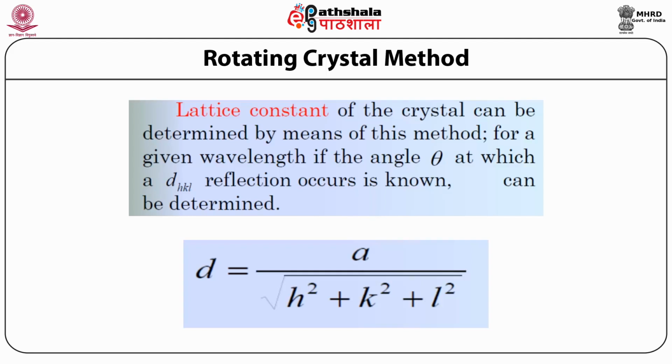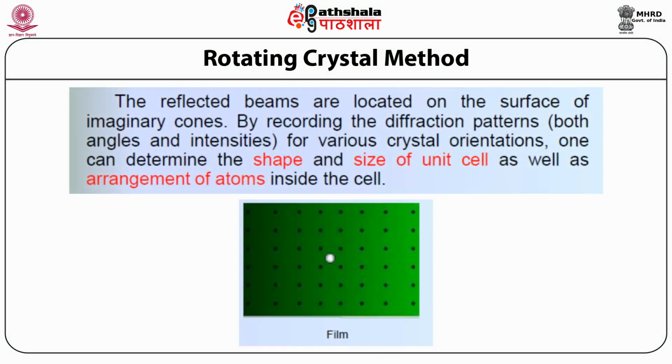First we have to identify which HKL plane this peak belongs to, and put in the value of HKL, and since we have already calculated d, we can find out the value of a, the lattice constant.